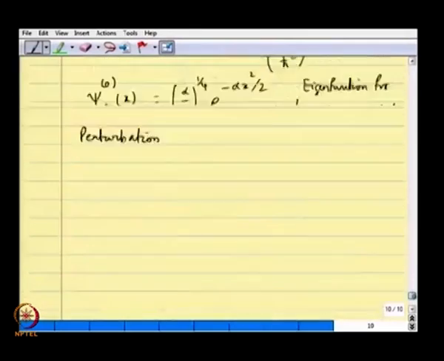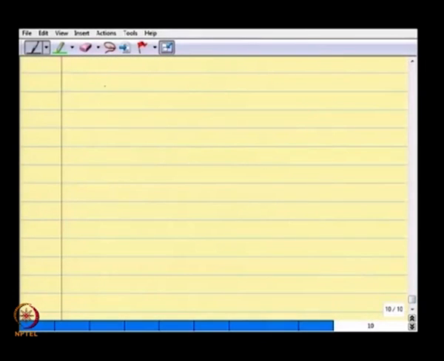So, if we assume to simplest order a perturbation H1 of x as some constant c times x cube. Okay. C obviously has the dimensions of energy divided by volume, okay, because you see x cube is length cube, so appropriate units.